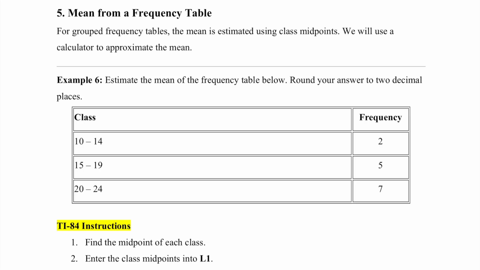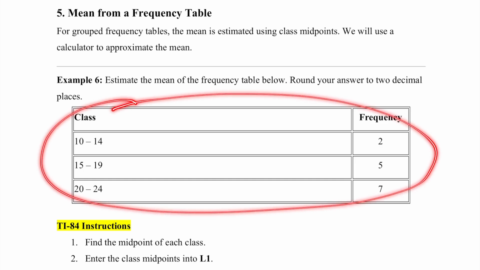For example, instead of listing every value individually, a frequency table might tell us that 2 observations fall between 10 and 14. 5 observations fall between 15 and 19. 7 observations fall between 20 and 24.